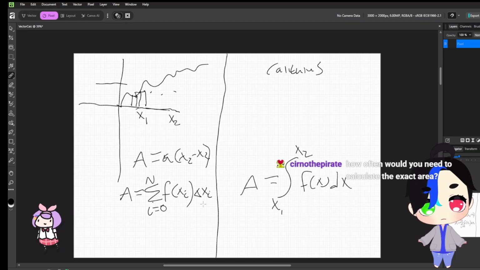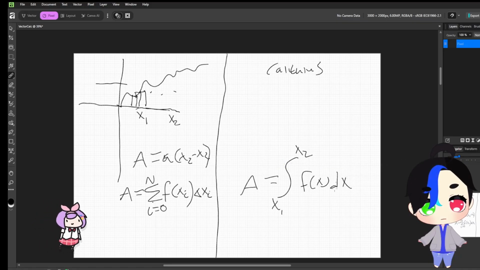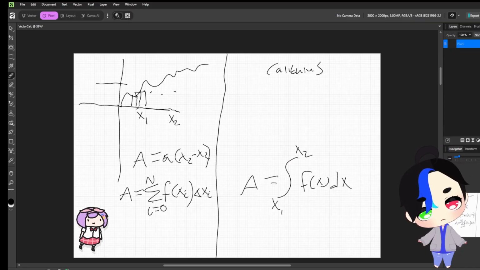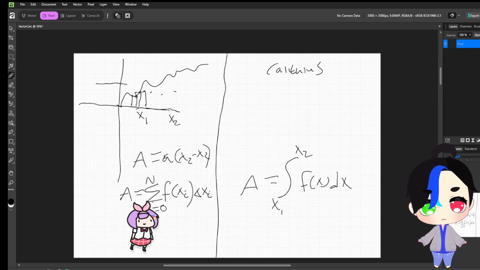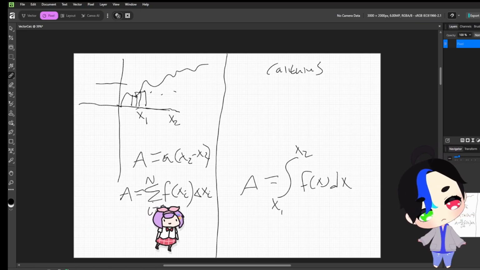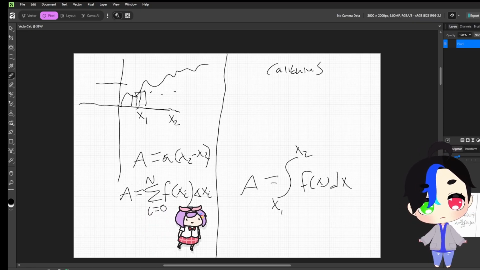In this case, it was delta x. In this case, this is dx. And because, like I said, this is an instantaneous change, a very, very small change in x, this will end up summing over the tiniest slivers of rectangles. So it'll end up giving you a much more accurate value for the area.